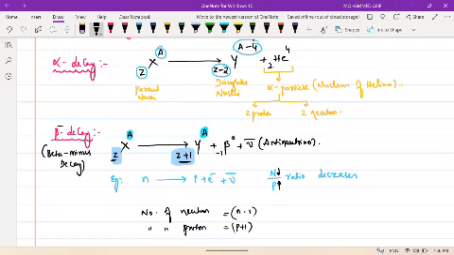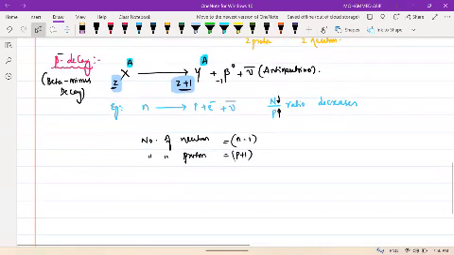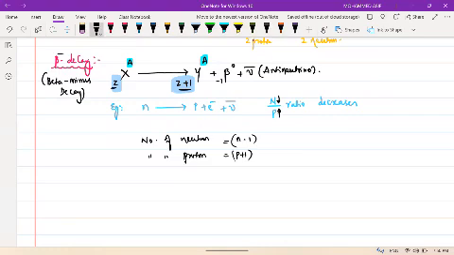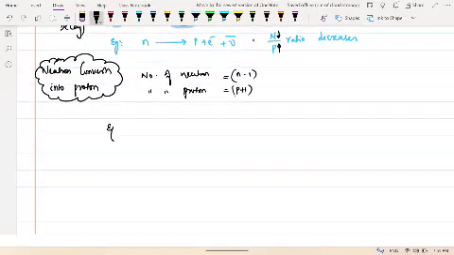In beta minus decay, atomic number increases by 1 and mass number remains the same. The N by P ratio will be decreasing, because a neutron is getting converted into a proton. Let me give an example for you.